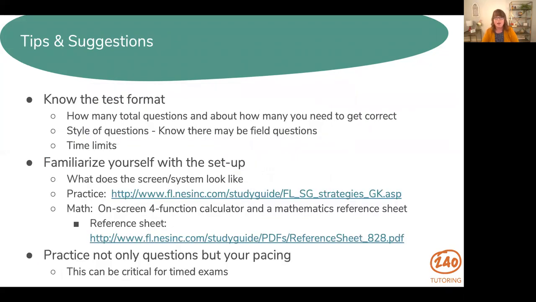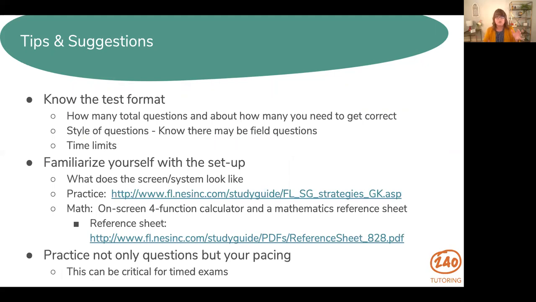Now, I always recommend that you know your test format. You've heard me say this in any video if you've seen these. Know the number of questions, know the time limits, know that structure. Practice with the on-screen calculator, practice with that reference sheet that's there. Also practice your pacing. Competency 4, you should be able to move through these pretty quickly.